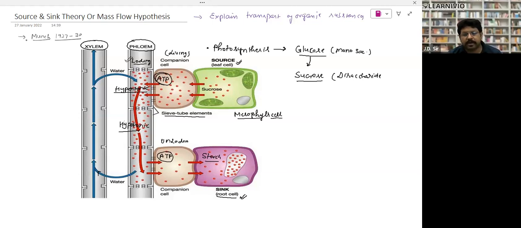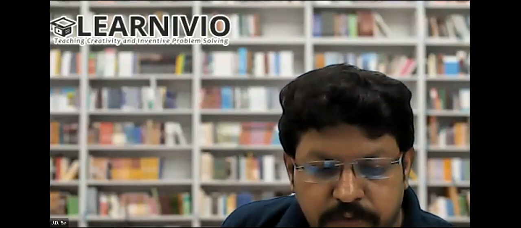Is that clear? Everything clear, Martin? Yes, sir. One last thing which I want to tell you, but let me add a diagram for this one. That is the girdling experiment. This is important actually for school exams.